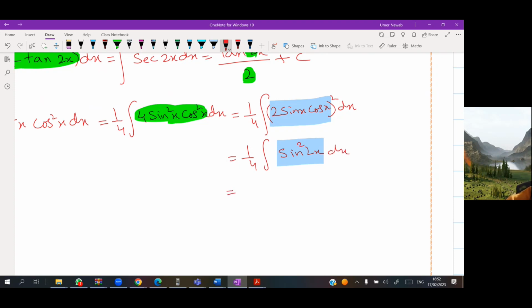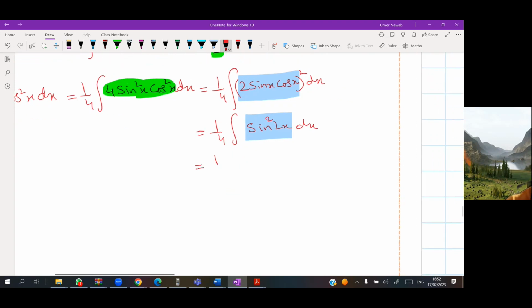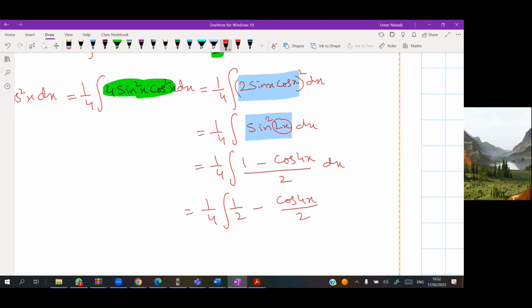And whenever you have a square on the top, you have to use the half angle identity, which is, yes, 1 minus cosine of, if it is 2x, I have to write 4x divided by 2 dx. Now I will write separately 1/2 minus cosine of 4x over 2 dx.